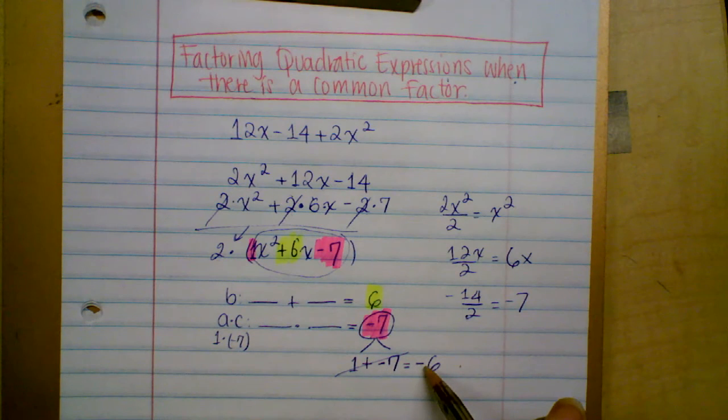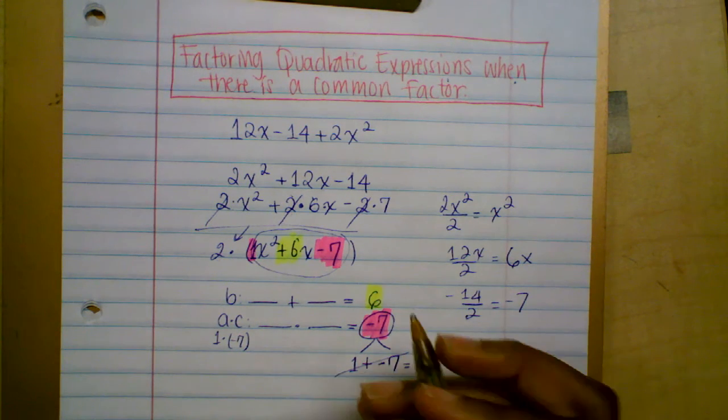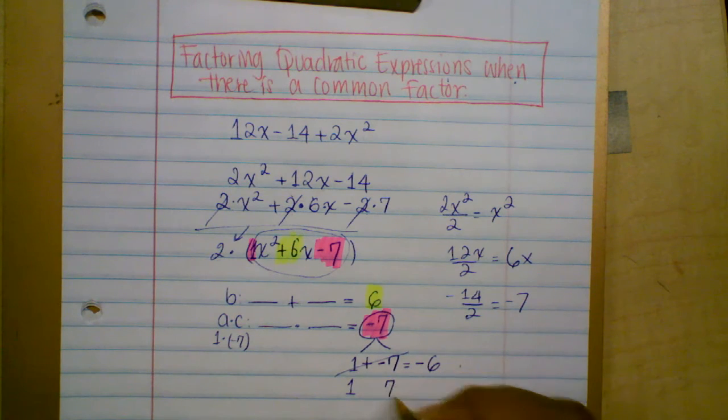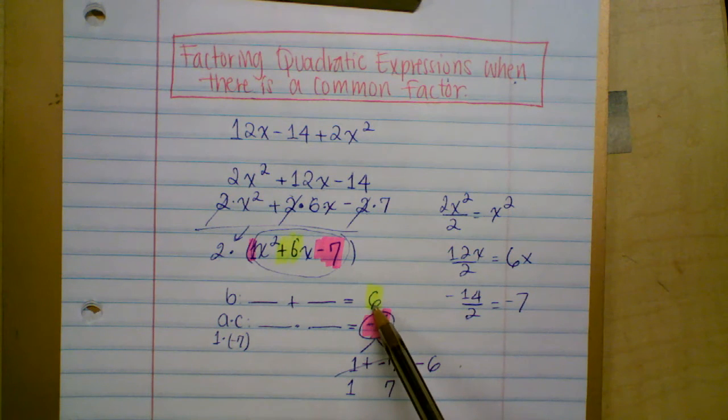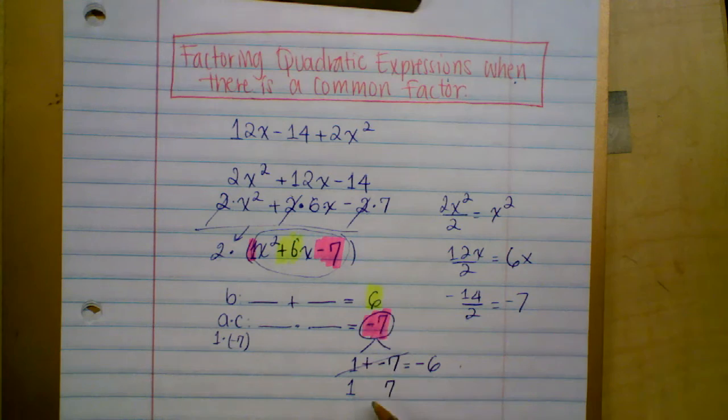Because the sum is negative 6 and I want a positive, I know the numbers are still 1 and 7, but I need to change the signs. Since the sum is positive, the bigger number needs to be positive, and the lower number needs to be negative.